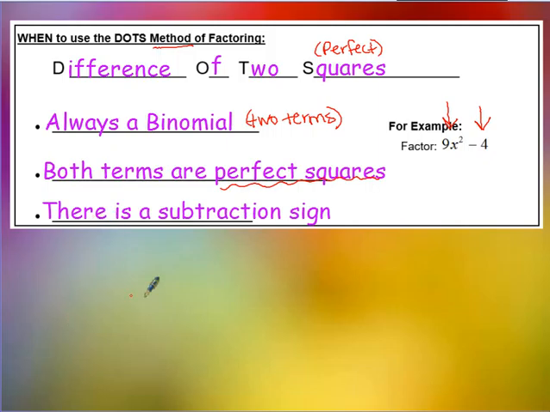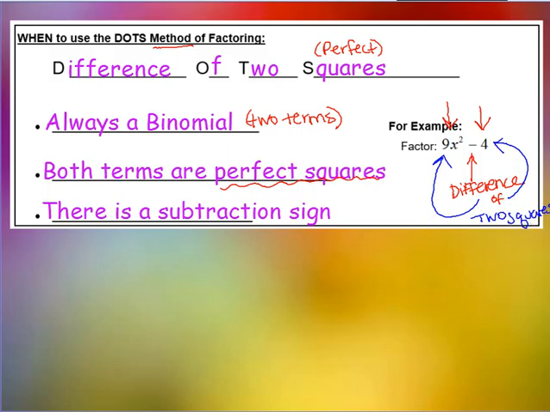And last, they must have a subtraction sign. This is the difference. Difference means subtract, and these two terms are perfect squares. The difference of two perfect squares.